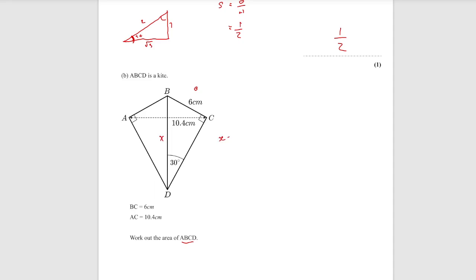So x is going to be equal to, let's just change that around. So we've said that S is equal to O over H, so we want to work out H. So H is going to be equal to O divided by S. So that's going to be 6 divided by half, which is going to be 12. So I know that that height there is 12. So x is going to be equal to 12. And from there I can kind of do that.